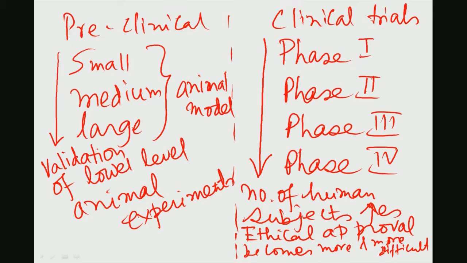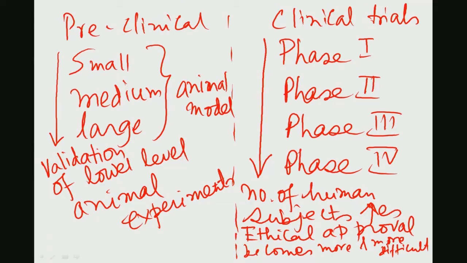So, I repeat my statement. As you enter from phase 1 to phase 2 trial, more human subjects are involved in phase 2 compared to phase 1, and the same is true for phase 3 compared to phase 2.